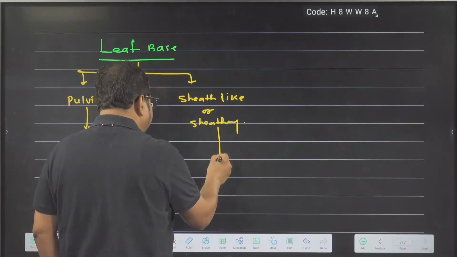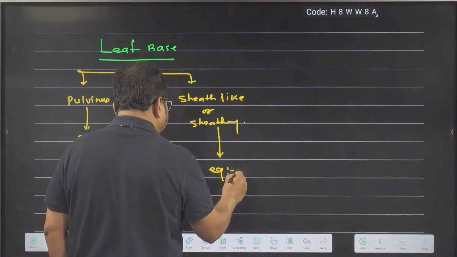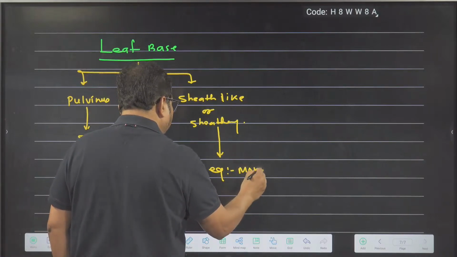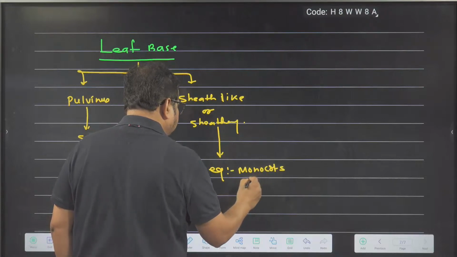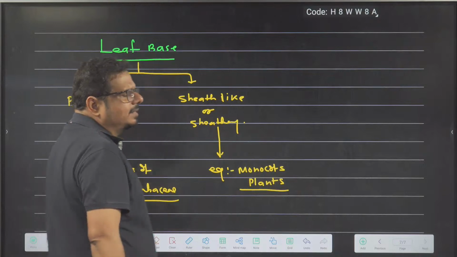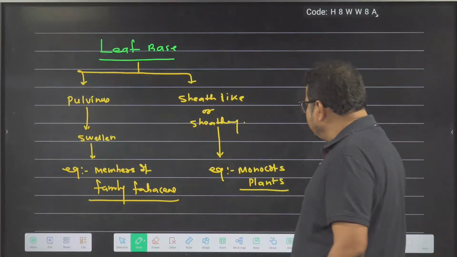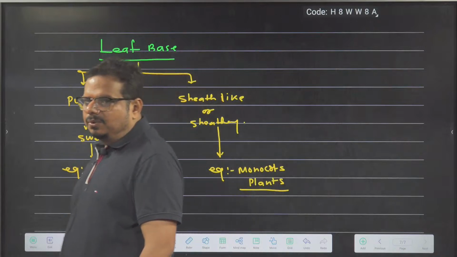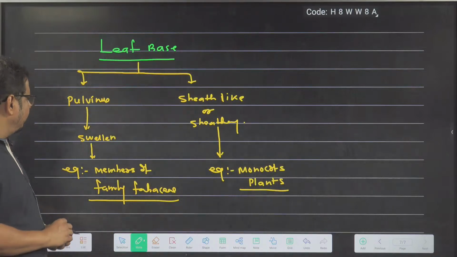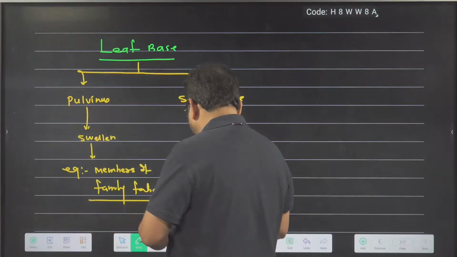And sheath-like leaf base, the example is monocots. In monocot plants you will find which leaf base? Sheath-like leaf base. Did you get the idea? So sheath-like leaf base we are finding in the monocot. Pulvinous leaf base we are finding in the members of family Fabaceae.